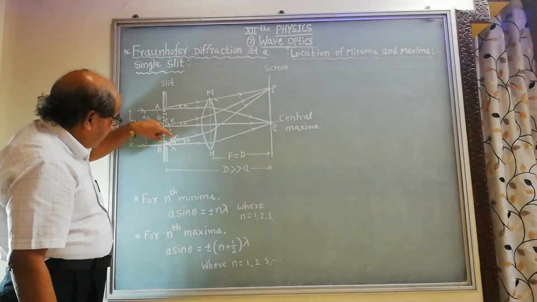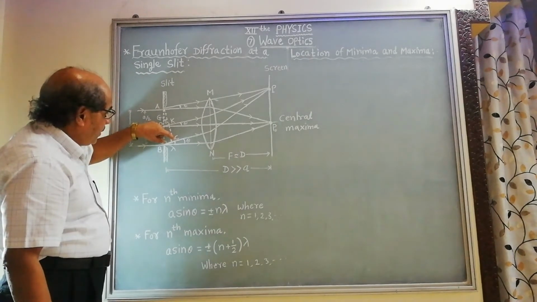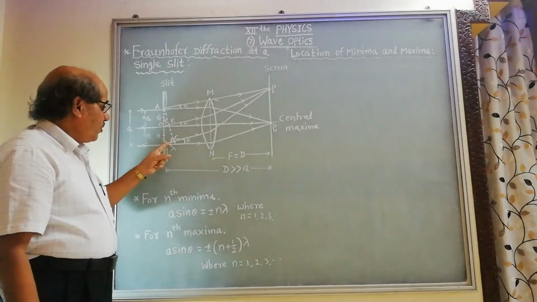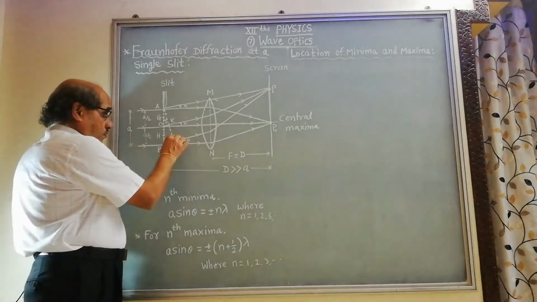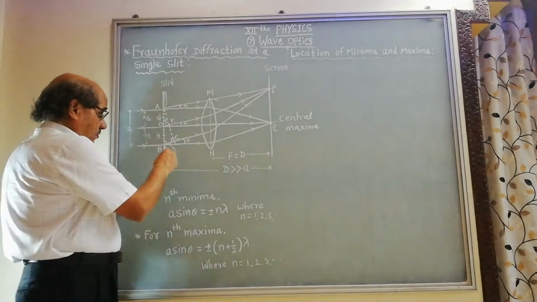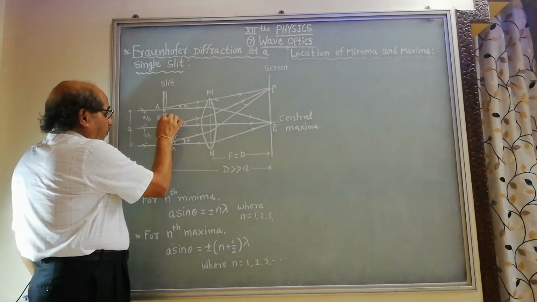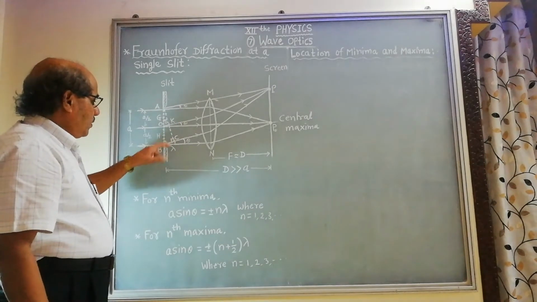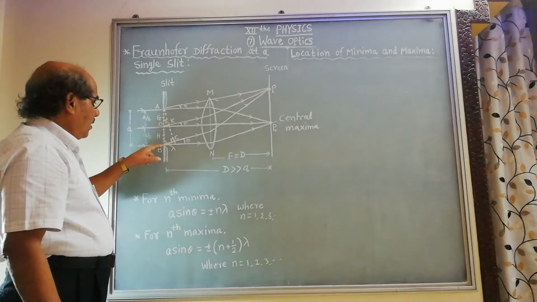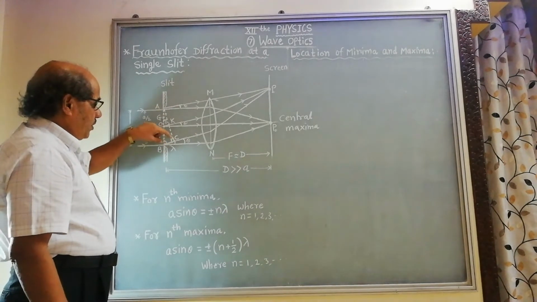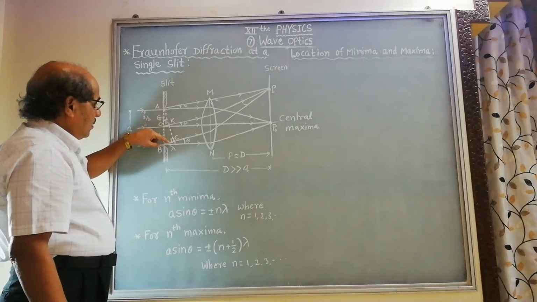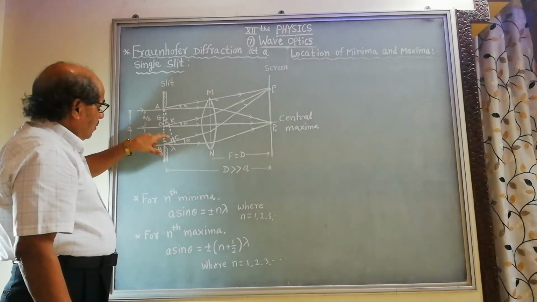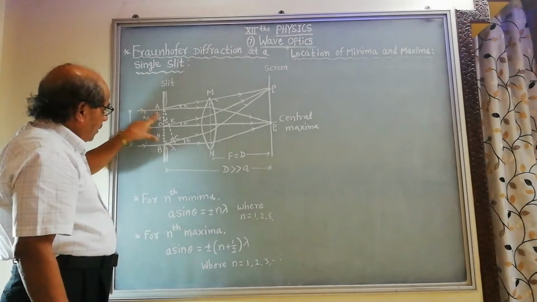So before this, what is the path difference BC between BP and AP? From this triangle, we can find out the value of sin theta, and sin theta is equal to BC upon AB, because BC is the opposite side of this angle and this AB is the hypotenuse.